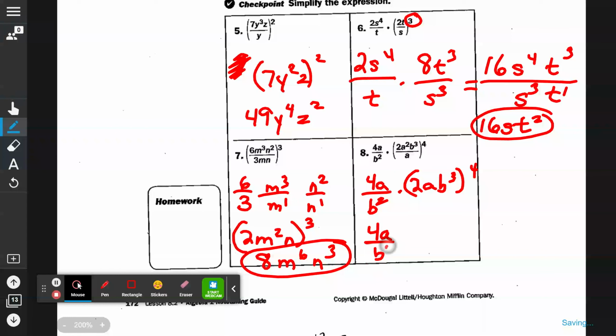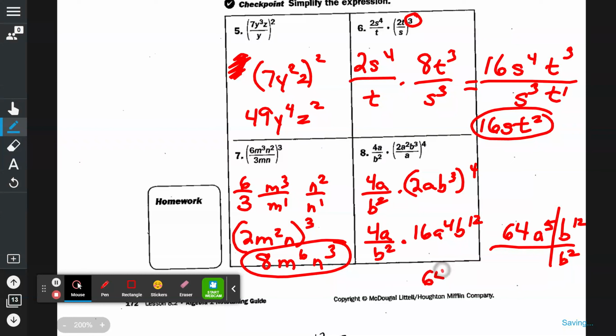So I copy this again. 2 to the fourth is 16, a to the fourth, b to the 12th. 4 times 16 is 64, a to the fifth, b to the 12th, all over b squared. And that I can simplify. So the final answer is 64, a to the fifth, b to the 10th.